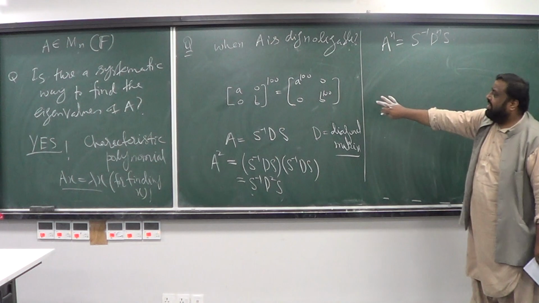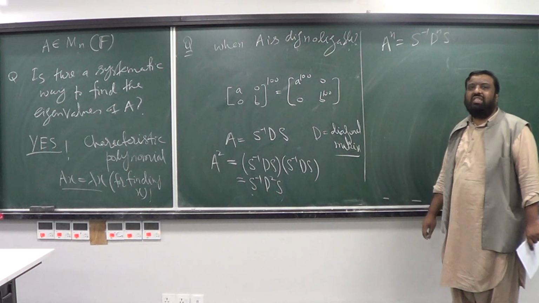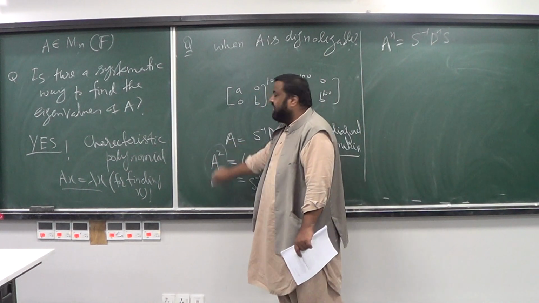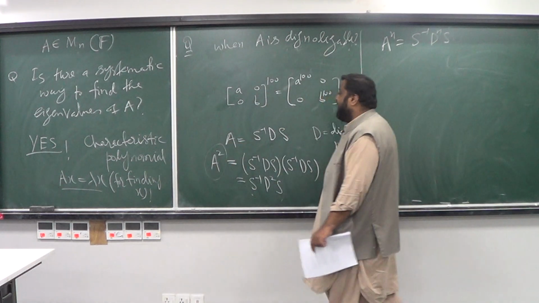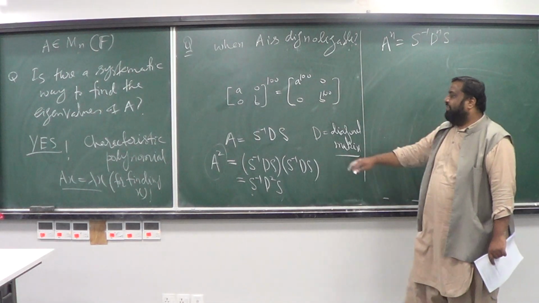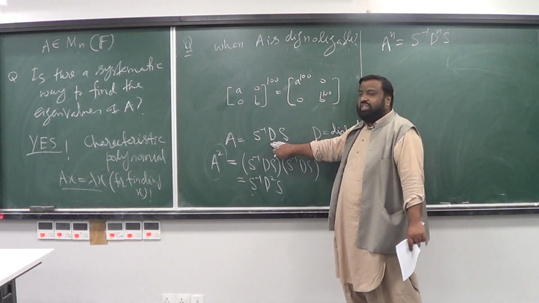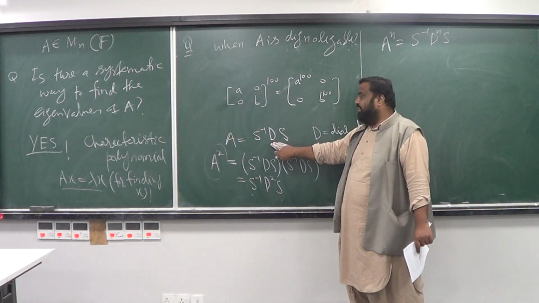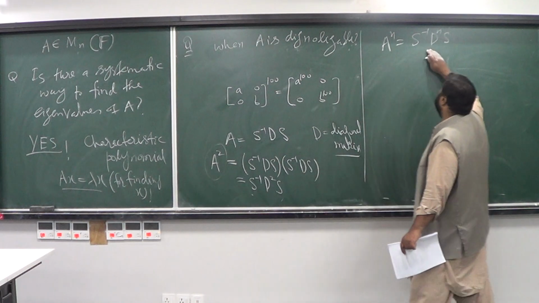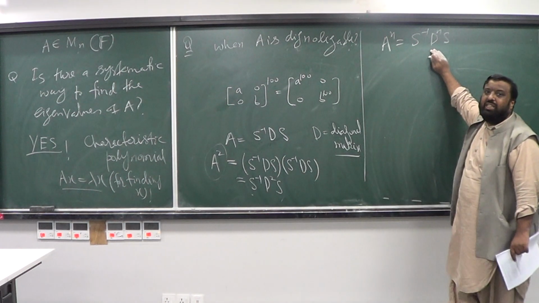So diagonalizable matrices are the kind of matrices whose higher powers are really easy to calculate. If you can diagonalize a matrix in terms of some matrix and a diagonal matrix, then its higher power can be computed easily by this formula.